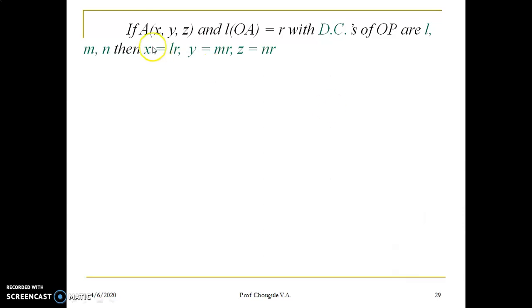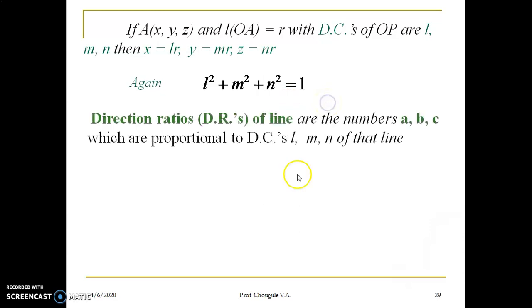If point A is (x, y, z) on that line and the distance OA is r, and the direction cosines of that line are L, M, N, then x is equal to Lr, y is equal to Mr, z is equal to Nr. Again, L square plus M square plus N square equals 1.